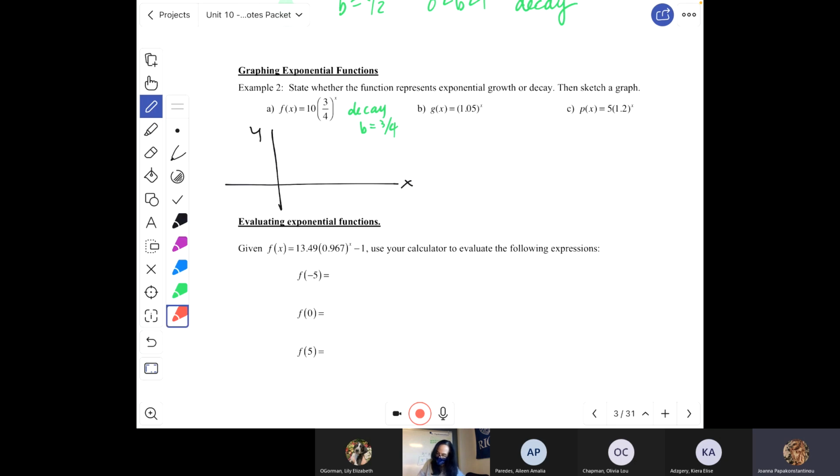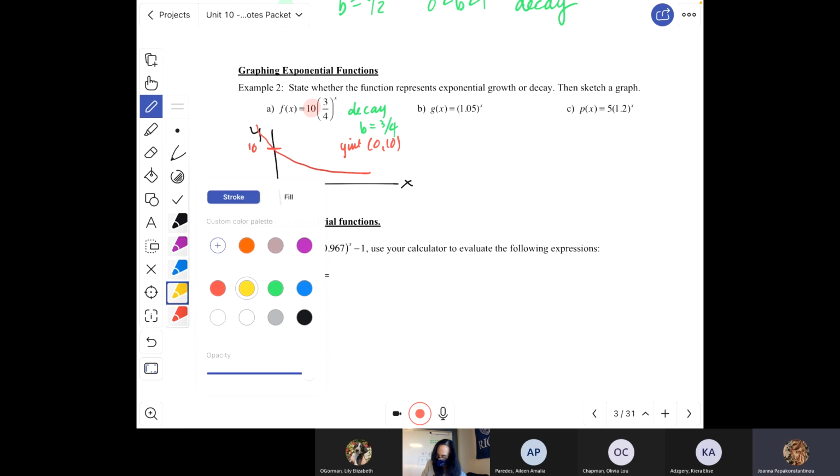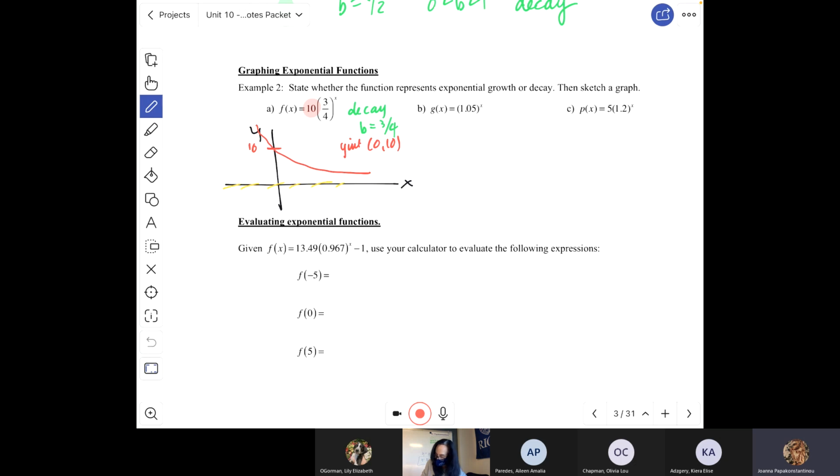What other value do I know from this? The y-intercept. So from here, I know that my y-intercept is where? 0, 10. So the y-intercept is (0, 10). Thank you for giving it to me as a point. So I know it's going to look like this. And I know that I have a horizontal asymptote, right, at y equals 0. Because there's no plus or minus after this, vertically shifting it.